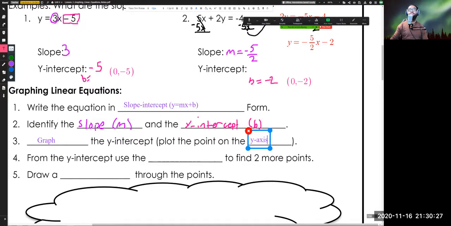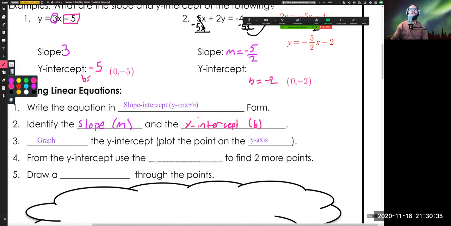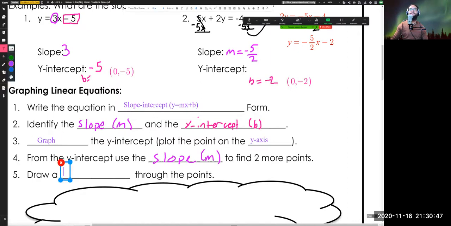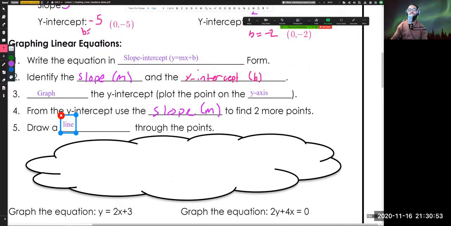Our fourth step is, from the y-intercept, to use our slope, which is our m, to find two more points. Once we have done that, we're going to draw a line.